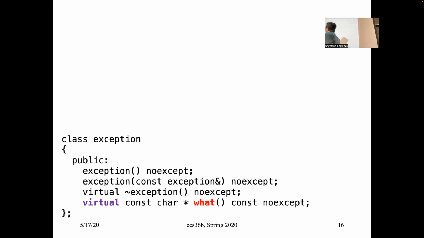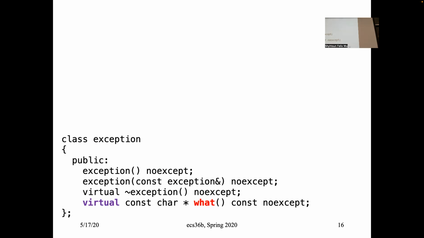The format is that you have a bunch of constructors, then a destructor, and then something mandatory in every single class that inherits from exception: a function called what.